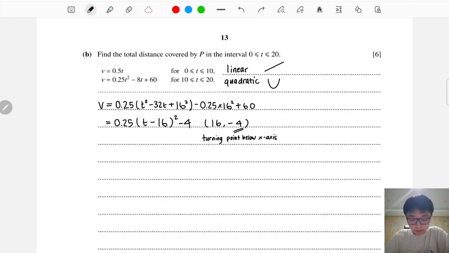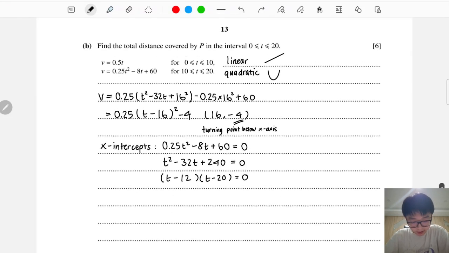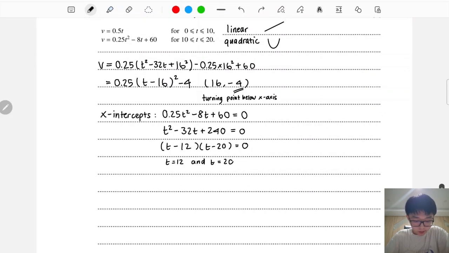So when we integrate below the x-axis, it actually gives us a negative value. And okay, so for the x-intercepts, we equate the expression to 0, and then we can just use our calculator to factorize, or if you can factorize manually, that's okay also. We get the value of t equals to 12 and t equals to 20. And graphing the two equations given to us, it would look something like this.